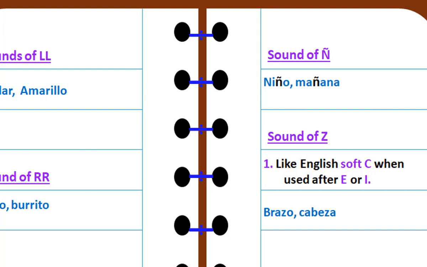Then there's a 3-syllable word, ka. We are using the sound for the say rule. A is present after say, so it becomes the English hard K sound: cabeza. Cabeza means head.